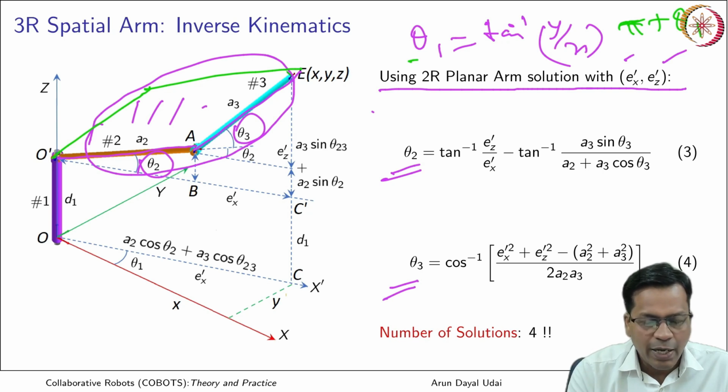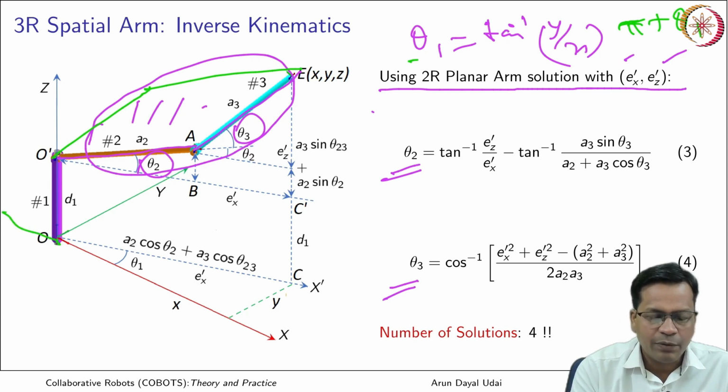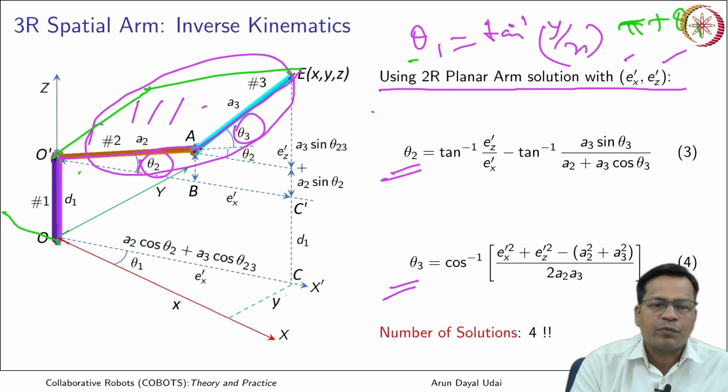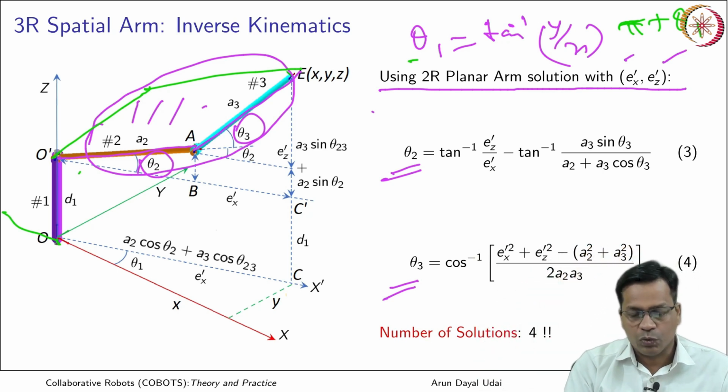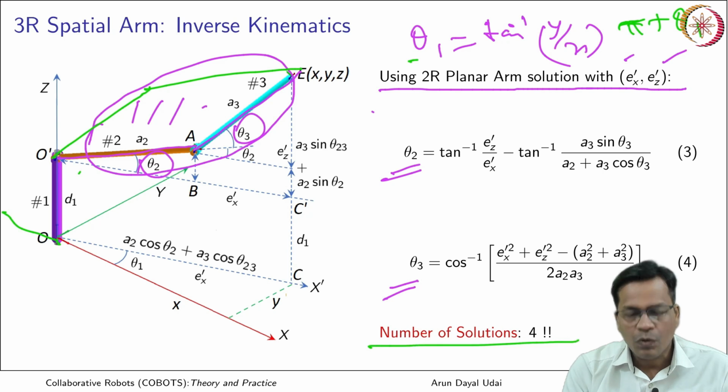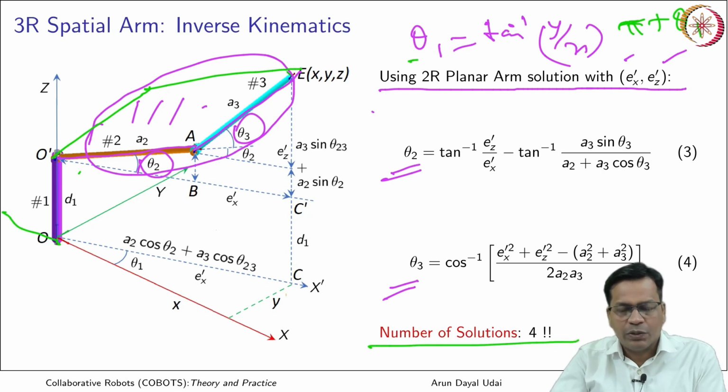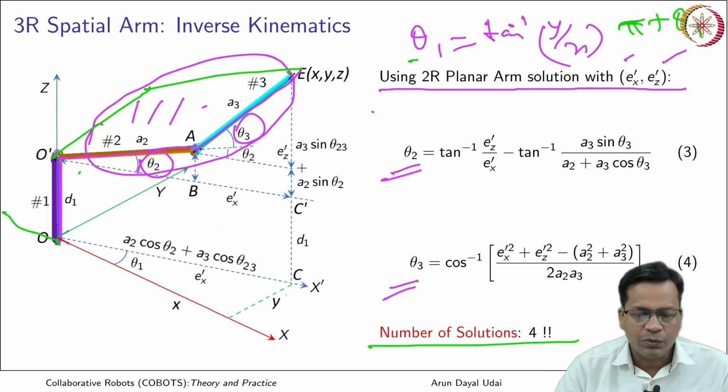So this can be right at the front or you can go 180 degrees behind. Theta 1 goes 180 degrees behind from the existing position and from behind you can do elbow up and elbow down. So in total there are 4 solutions. So this is how you need to evaluate any given solution for multiple solutions also.